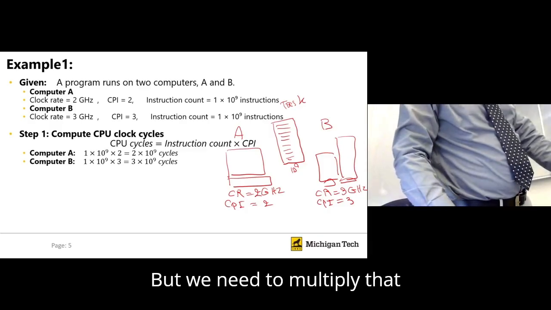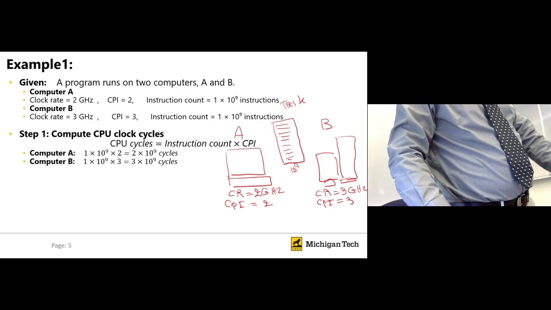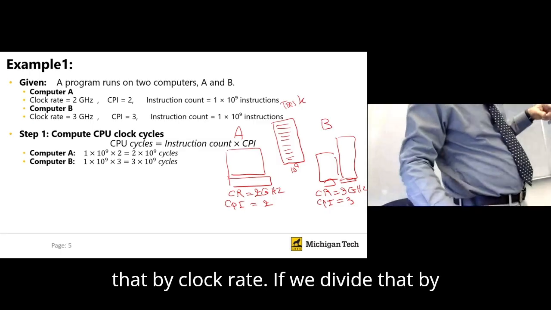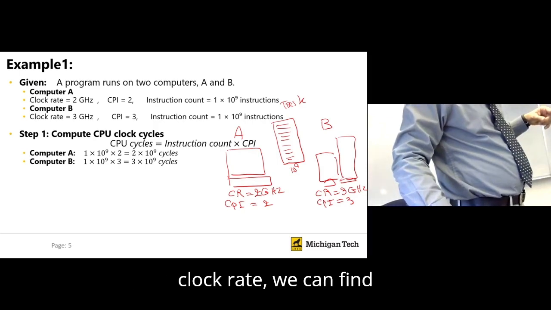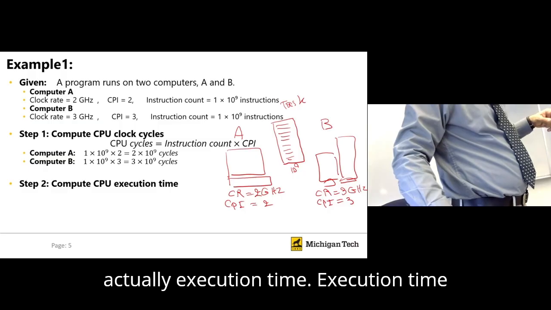But we need to multiply that by the clock time, or divide that by the clock rate. If we divide that by the clock rate, we can find the execution time.